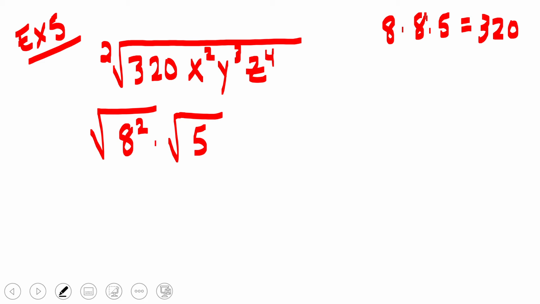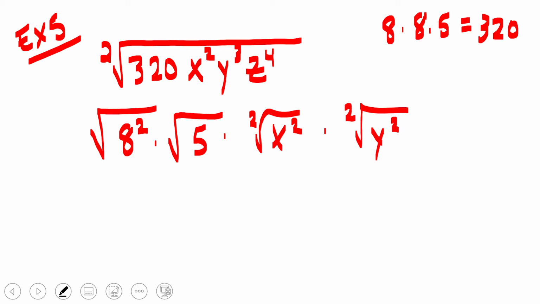And then we would have this happening. We can kind of do mental math on this one while we're looking at it. We try to match our exponent to our index, and we're breaking apart this y cubed into the square root of y squared times the square root of y.